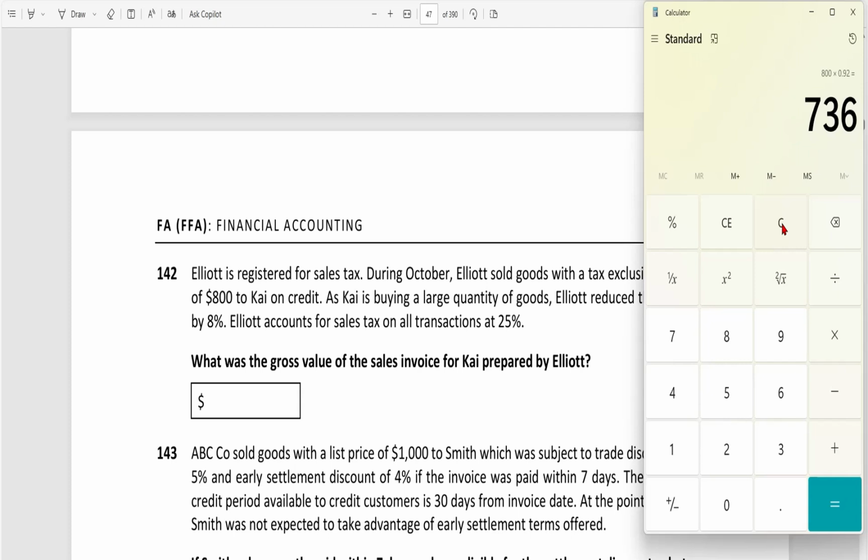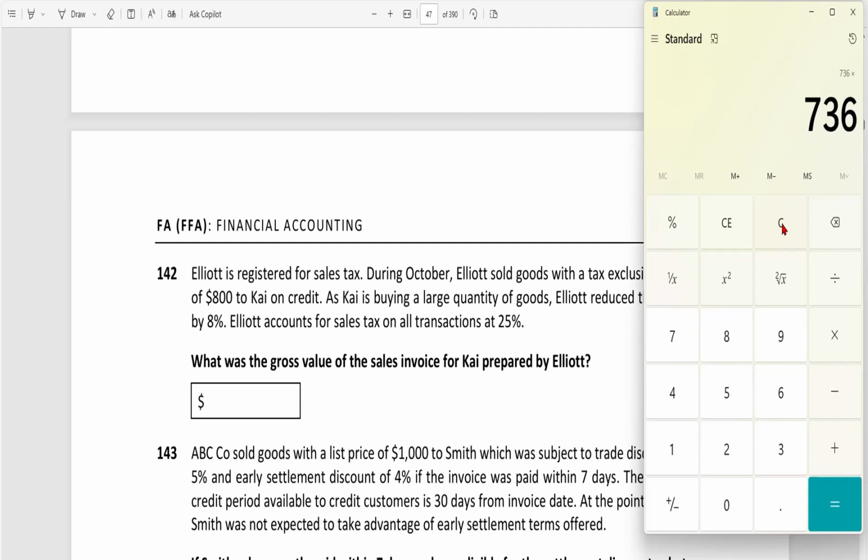Now Eloit accounts for sales tax at the rate of 25%. So be careful, always check the sales tax given in the question. Don't always assume 20% or 25%. Please check it once. Now again what you can do is take 25% of this amount and add it to 736, or we have to increase the amount by 25%.